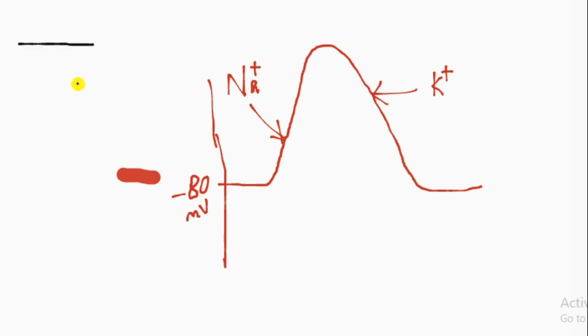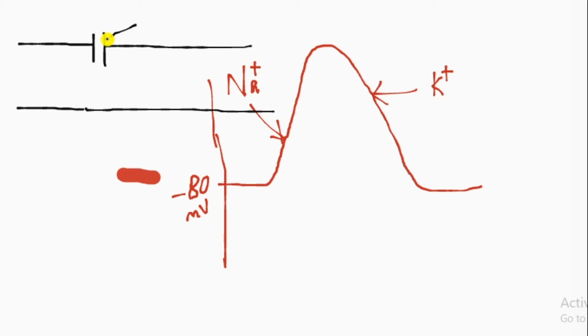So we have the cell membrane, the neural membrane, and there is a channel for sodium.